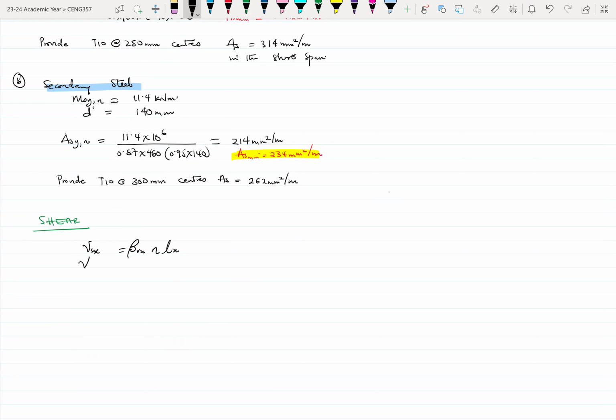And then the shear in the long span at the support will be beta Vy times n times lx.